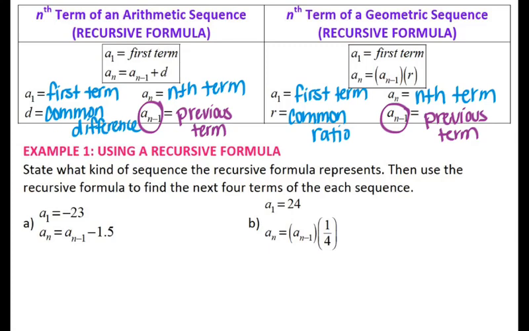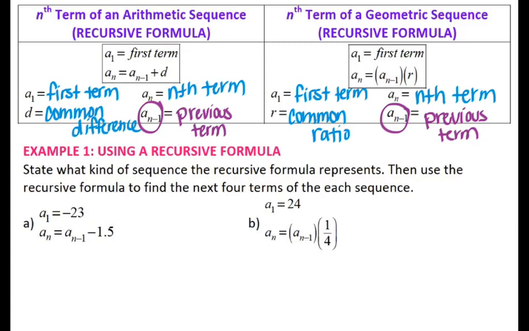Okay, so actually using a recursive formula. The first thing we want to do is label whether the formula is arithmetic or geometric, and how do we know? For letter A, we have a_1 equals negative 23, a_n equals a_(n-1) minus 1.5. For letter B, we have a_1 equals 24, and a_n equals a_(n-1) times 1/4.